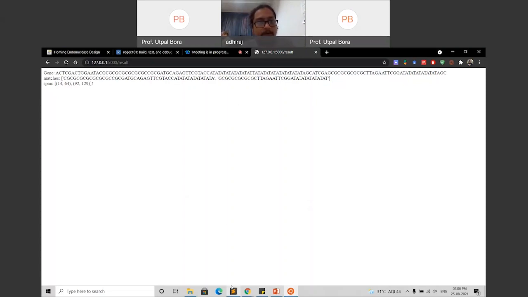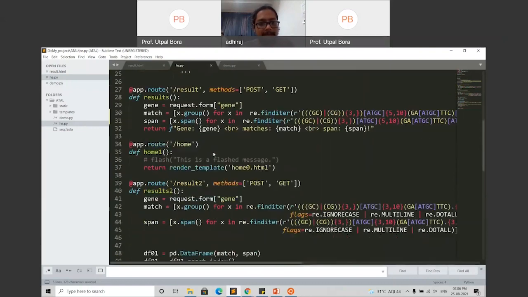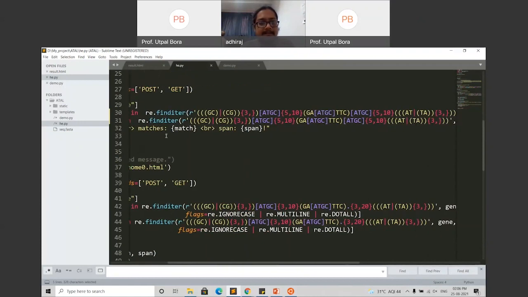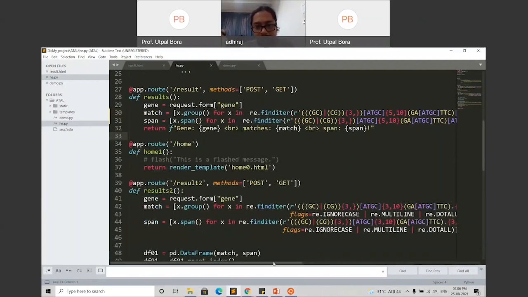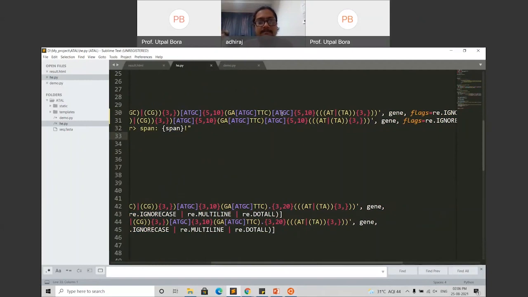But let's see what the result here is doing. Since I explained this, this is the form, which is the layout, and this is the response. Whatever regular expression that we entered is here. There is re.finditer. This is the re module that I'm using from Python. Inside this re, I am giving this regular expression.